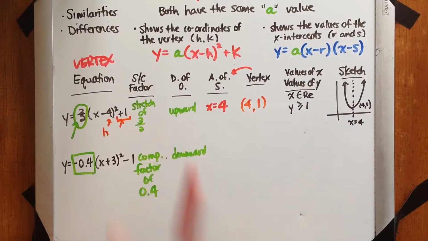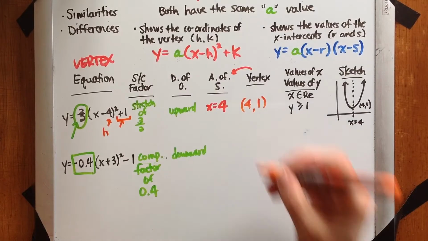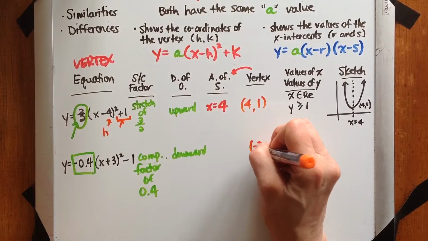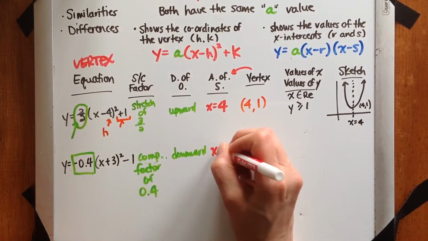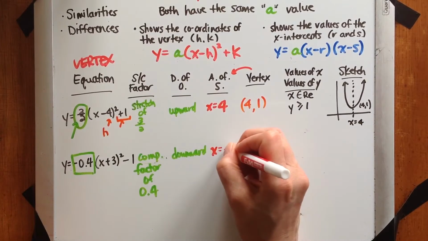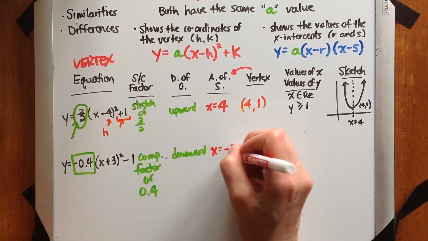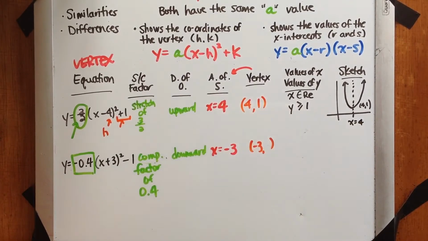So if this is x plus 3, that means h has to be negative 3. And it would mean that the axis of symmetry has to be x equals negative 3. Notice that the axis of symmetry has to be written as an equation, x equals, because it's an entire line, not just a point.